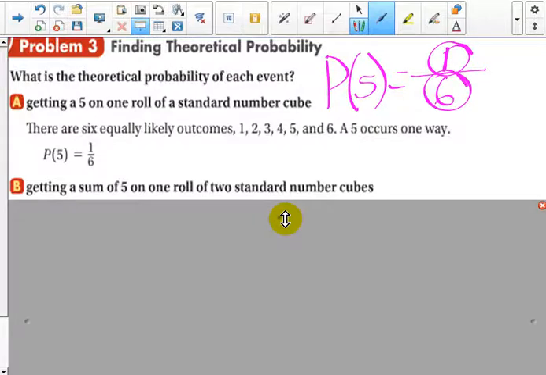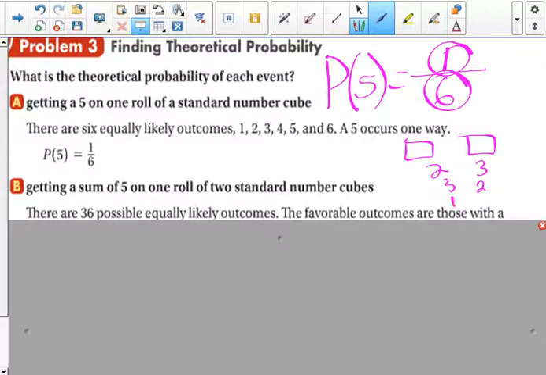Okay, now let's make it just a teeny bit harder. Now it says getting the sum of 5 on one roll of 2 standard number cubes. So now we're going to roll 2 dice, and we got to get the sum of 5. So how many ways can we get a 5 if we roll 2 dice? We can get a 2 and a 3, or a 3 and a 2, and what else? 1 and a 4, or a 4 and a 1.